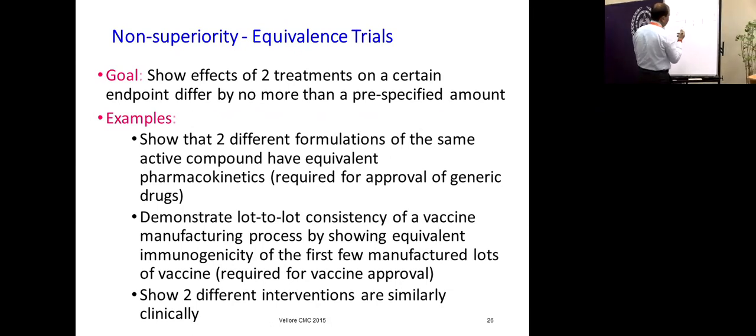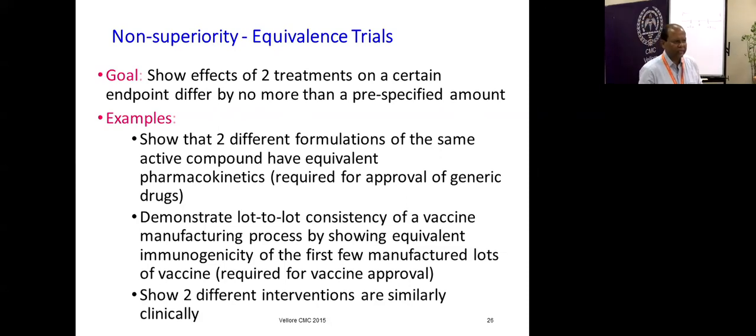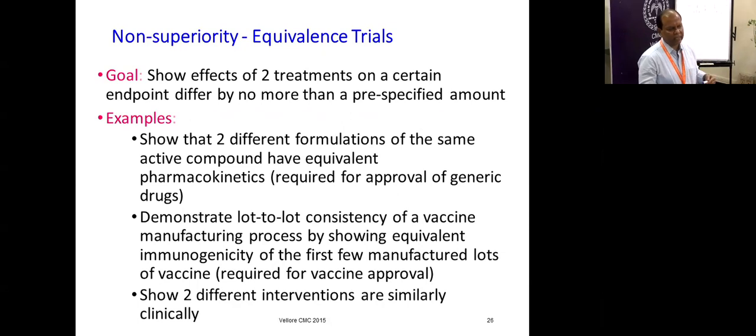I am using a specific notation here. Say for example, minus 5% or plus 5% in mortality. Okay. So you're fixing this a priori when you define your equivalence, because that helps you to decide your sample size. We are going to do some exercises.